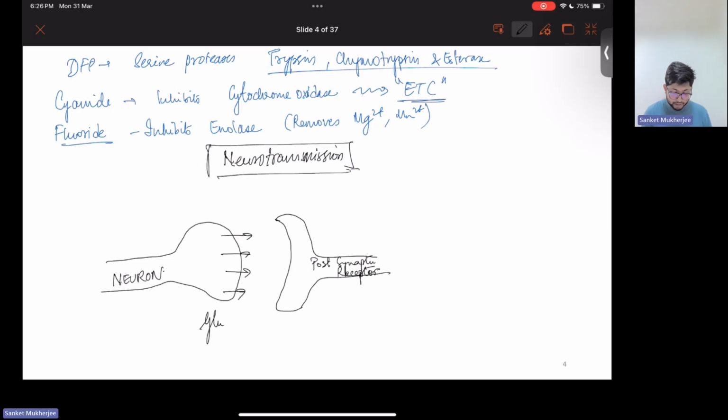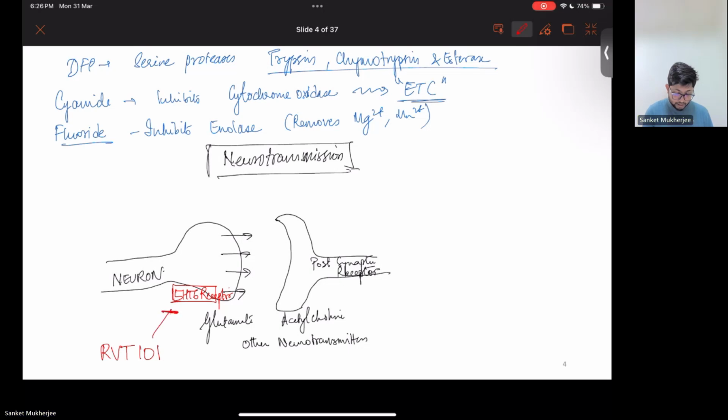There is glutamate, acetylcholine, and other neurotransmitters involved. Now 5-HT6 receptor is involved for release of acetylcholine. It is blocked by RBT101. This inhibits this receptor. Fine.